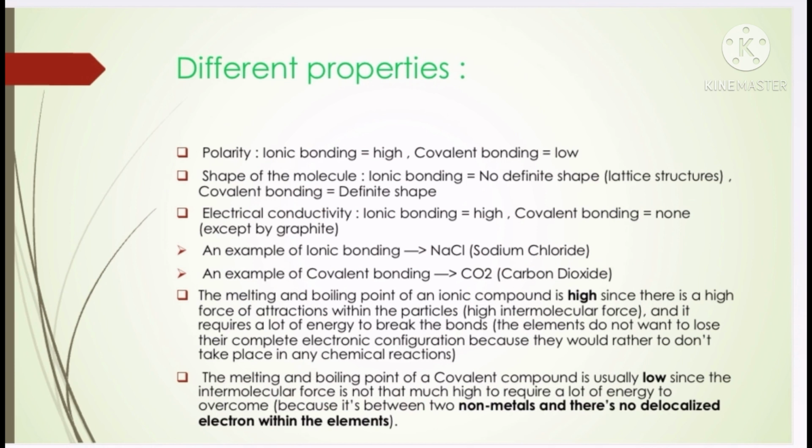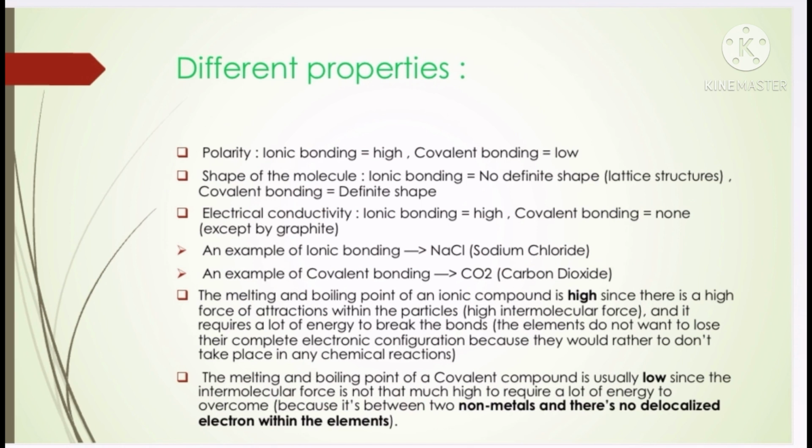For example, diamond, for example, graphite. Because a lot of carbon atoms are chemically bonded to each other, it is really hard to overcome, and therefore they have a high melting and boiling point.